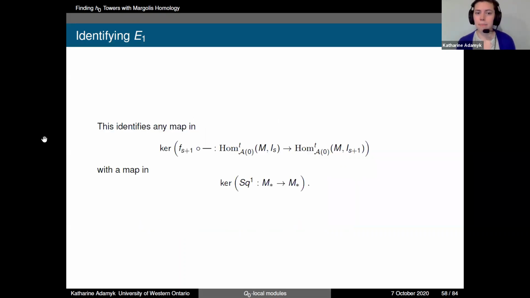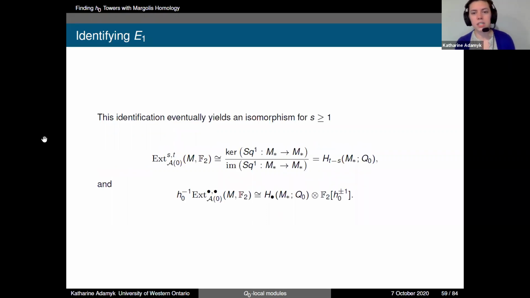So I've taken some map in the kernel that's going to give me my Ext group over A naught, and I've identified it with a map in M dual, and that map is in the kernel of the Sq1 action on M dual. So you can continue to push this identification through, and this gives you an isomorphism between the Ext group over A naught of M and the Q naught Margolis homology of M dual.